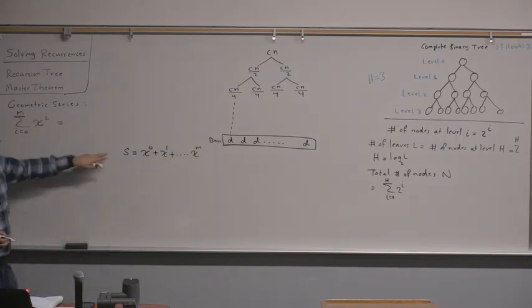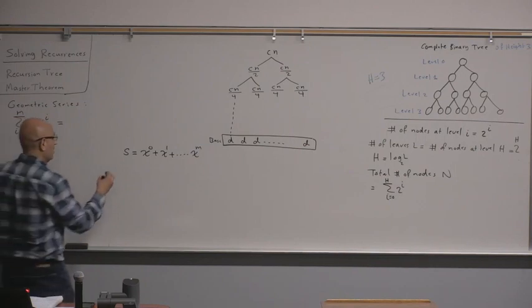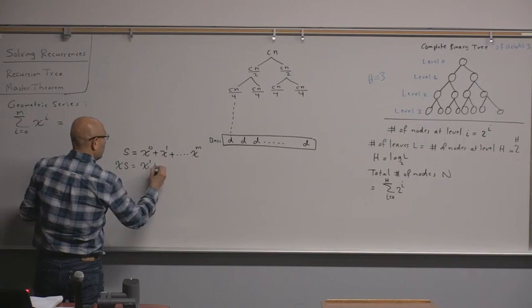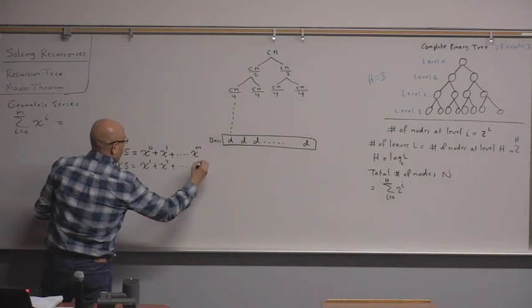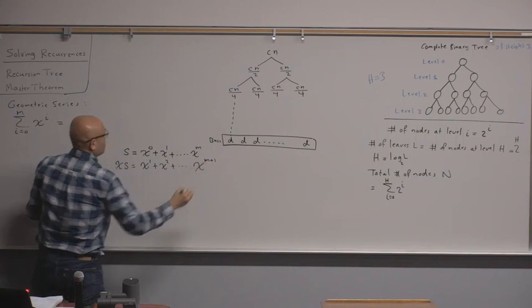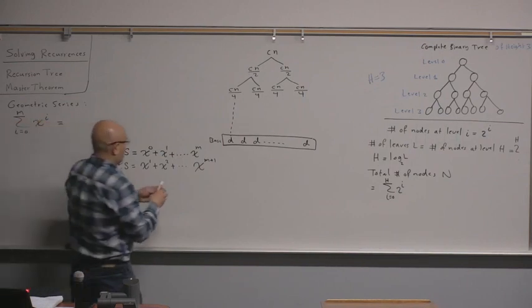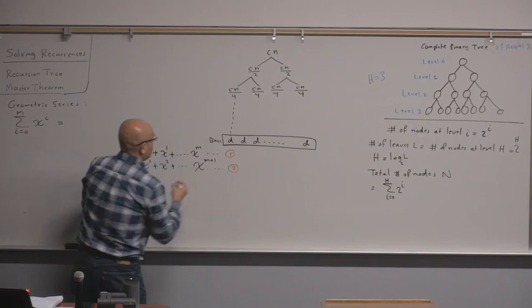If you multiply this by x, then x times the summation equals x power 1 plus x power 2 plus up to x power m plus 1. Right? So this is the summation, and this is the summation multiplied by x. This is equation 1, this is equation 2.